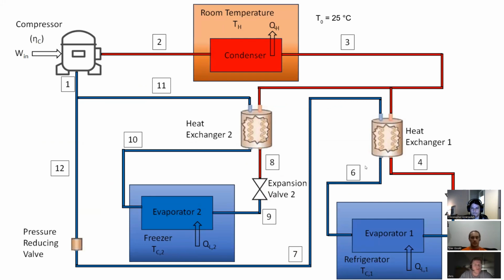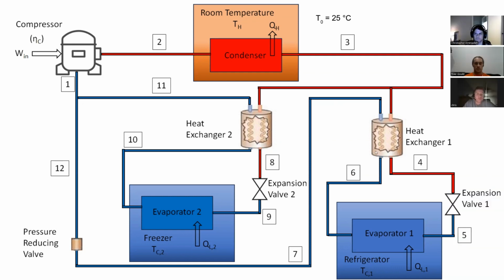All right, so here's a schematic for our process that we came up with. Essentially, we came up with a refrigeration cycle that's going to have two evaporators within it. This system will be using refrigerant 134A as its working fluid.